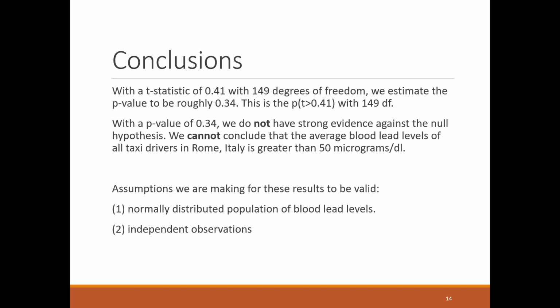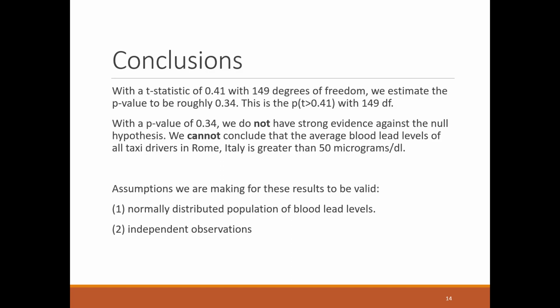So in order for these results to be valid, we need to make some assumptions that underlie the t-test. The first one is a normally distributed population of blood lead levels. Again, we make assumptions about the populations, and here we're assuming that the population is normally distributed.